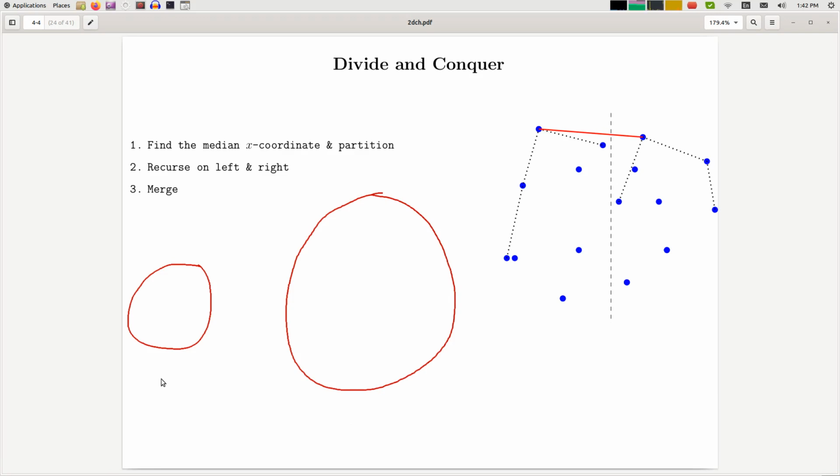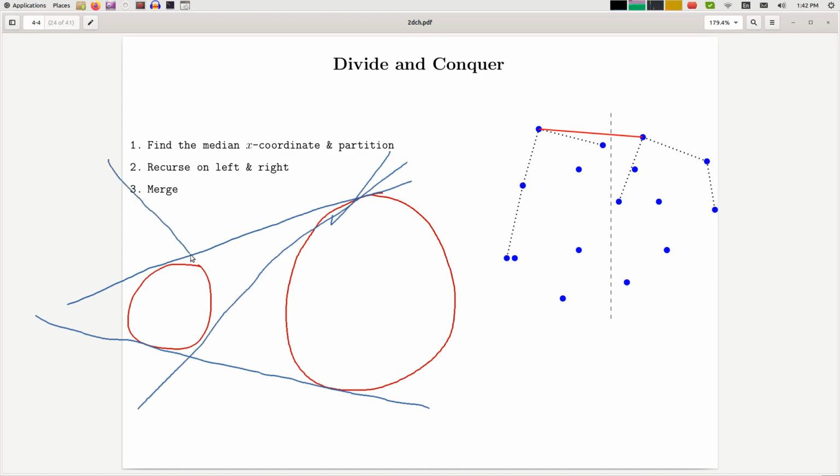So I'll show you the outer tangents. There are two outer tangents that look like this. And then there are also two inner tangents that look something like that. So if I have two disjoint or separated convex objects, I have four tangents.